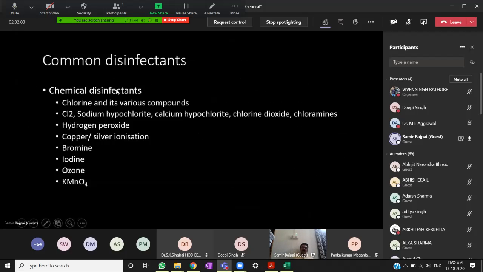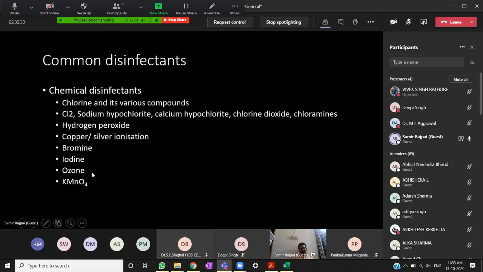One is those whose action is because of chemical reactions. Common chemical disinfectants are chlorine and its various compounds. So you have chlorine dioxide, liquid chlorine, and chlorine in gaseous state. Then you have sodium hypochlorite, calcium hypochlorite, chloramines also. Then you can have hydrogen peroxide, copper and silver ionization, bromine instead of chlorine, iodine instead of chlorine.